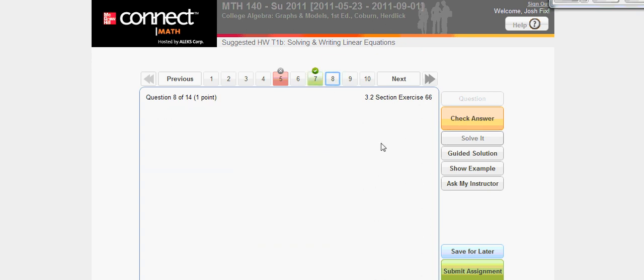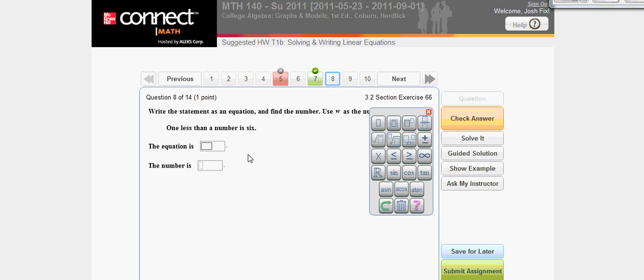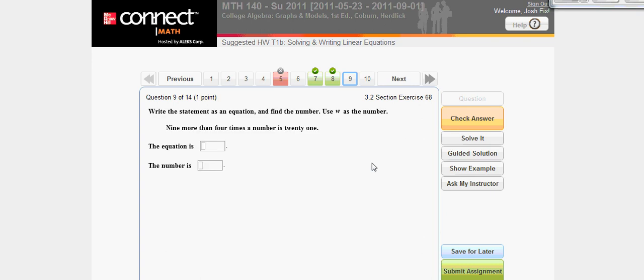So we got number 8. Number 8, the equation is, they want us to use w minus 1 equals 6. And the number is 7. We check. Do one more. On this one, we're going to make the mistake.